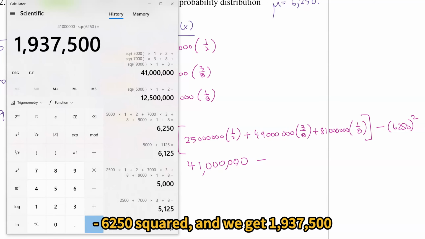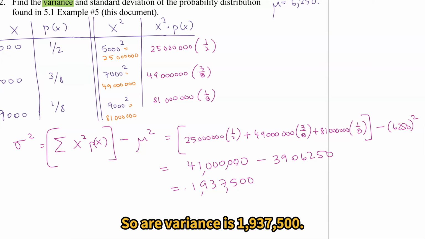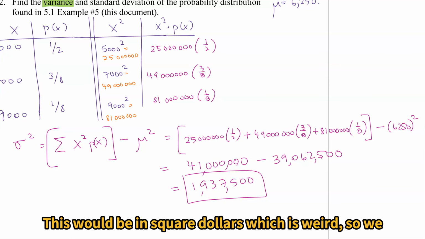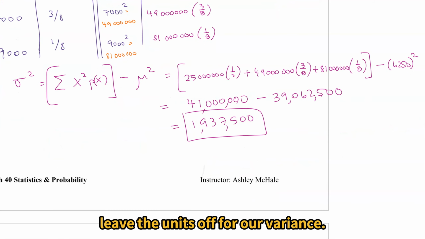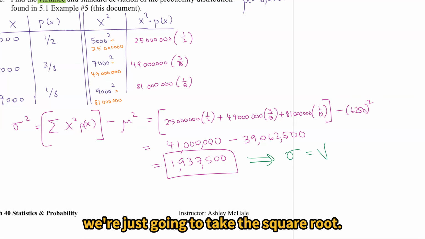6,250 squared, and we get 1,937,500. So our variance is 1,937,500. This would be in square dollars, which is weird, so we leave the units off for our variance. To calculate our standard deviation, we're just going to take the square root.